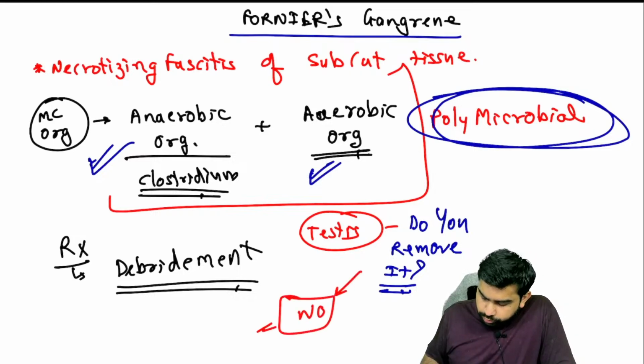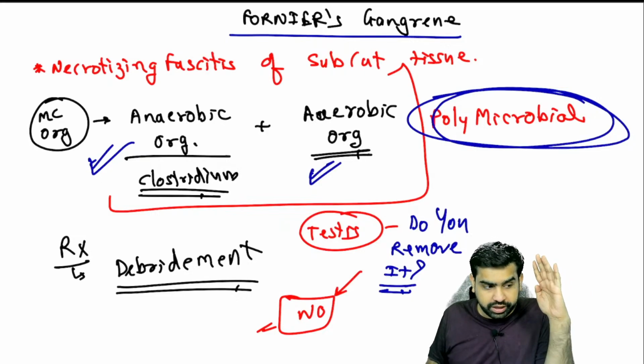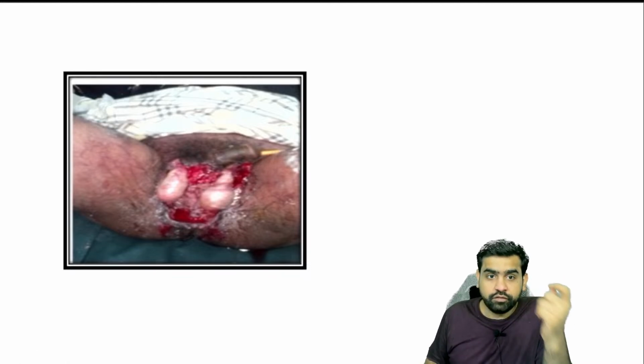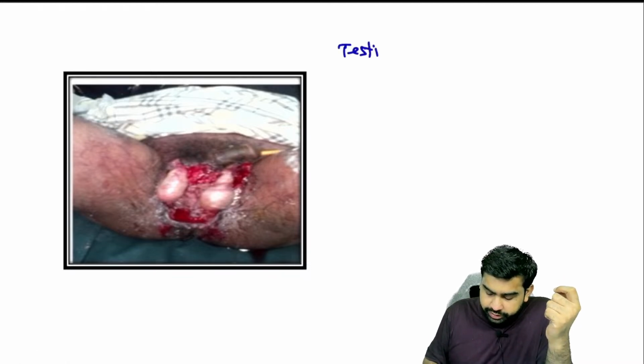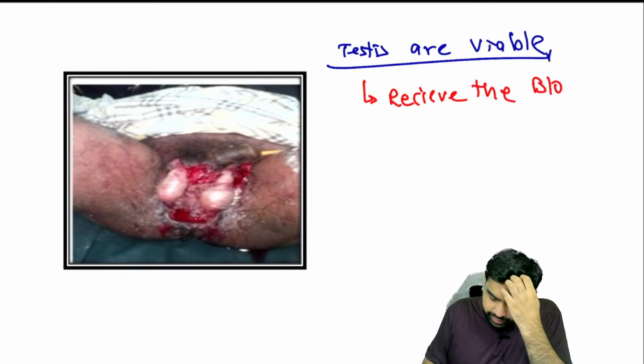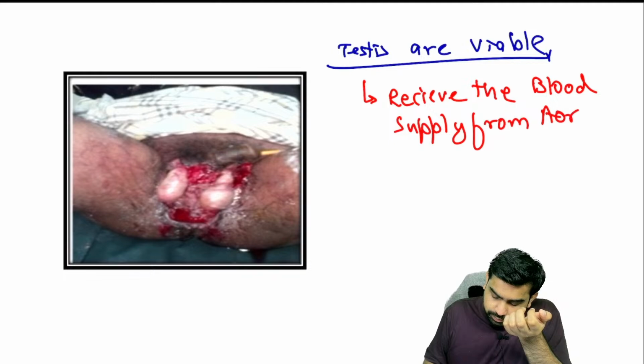Why do you not remove the testes? You do not remove the testes because the blood supply of the testes is coming from the aorta. You understand my point? So here what you need to understand is that the testes are viable, because they receive their blood supply from the aorta.